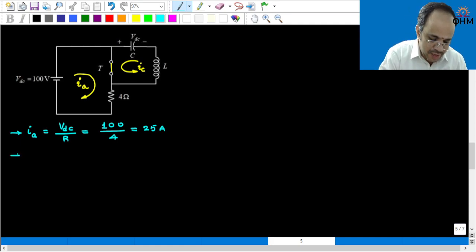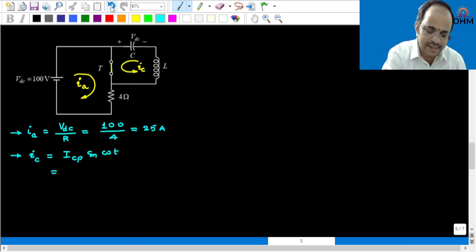Now, there is another component, IC, which is equal to IC peak sin omega t in ampere. So, what is IC peak here?